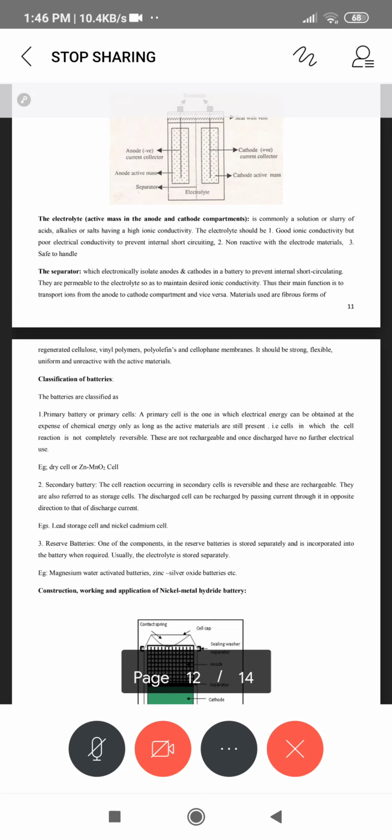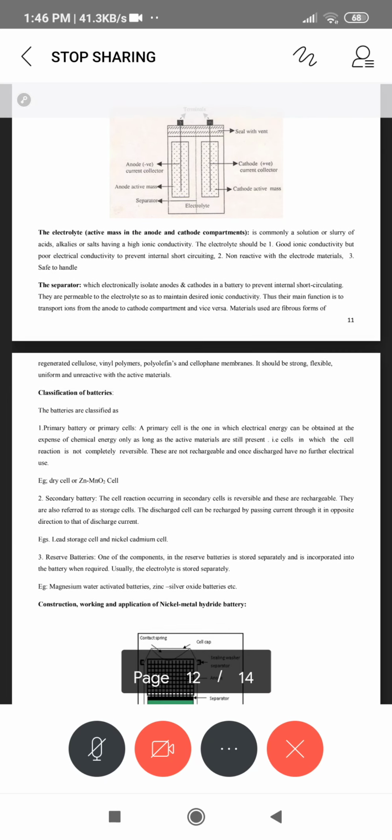It is very difficult. Instead of that, we can use a polythene sheet or any of these polymers, polycellulose, all those things as separators.